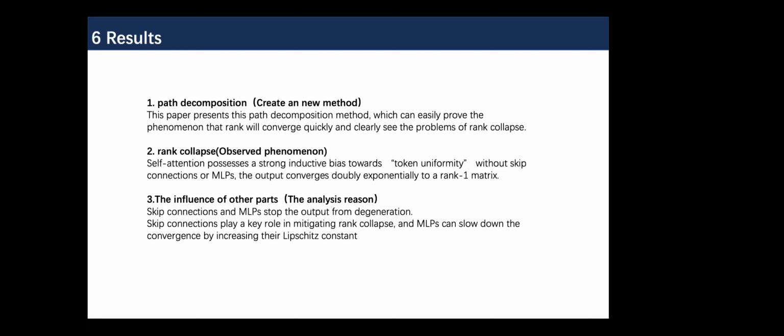The skip connection plays a key role in mitigating rank collapse, and MLPs can slow down the convergence by increasing the Lipschitz constant. And you know that we have talked about how a skip connection can play an important role because it gives the residual lower bound, so it won't be rank collapse anymore.